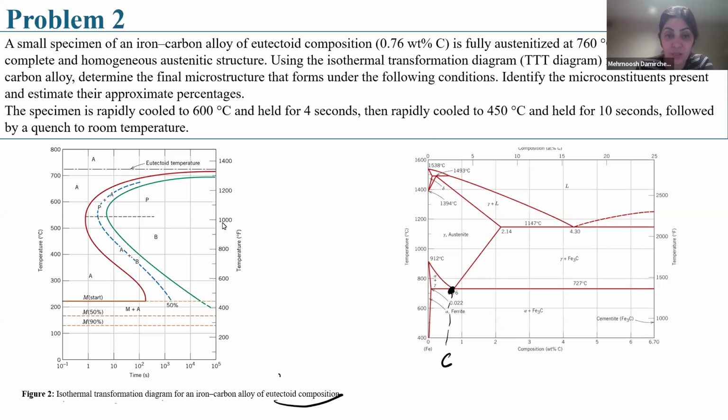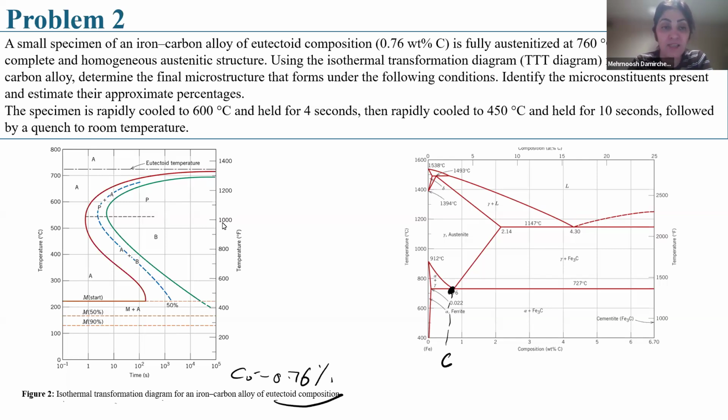What does eutectoid composition mean? It means C naught is 0.76 weight percent. Okay. The sample is fully austenitized at 760, producing a complete and homogeneous austenitic structure. Using the isothermal transformation diagram for the eutectoid iron carbon alloy, determine the final microstructure that forms under the following conditions. Identify the microconstituents present and estimate their approximate percentage.